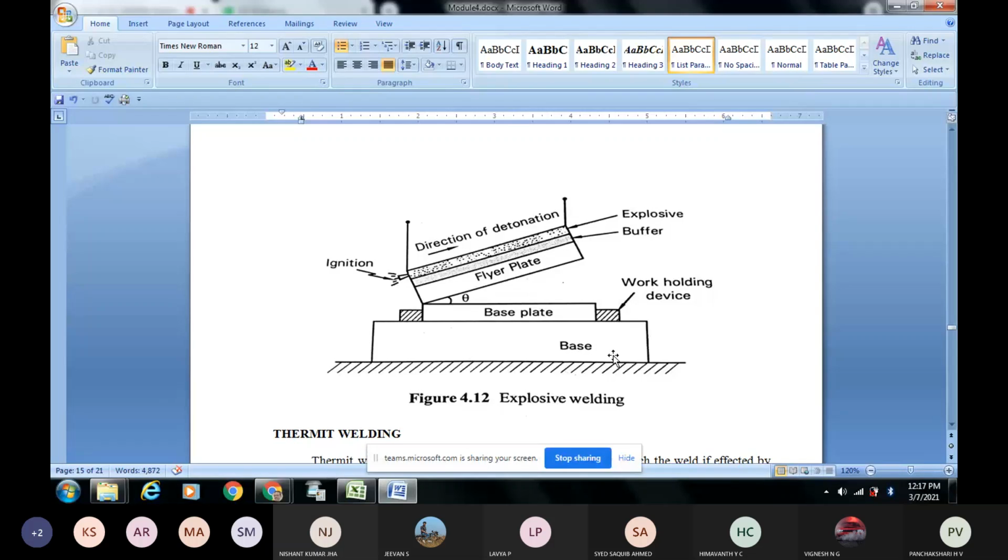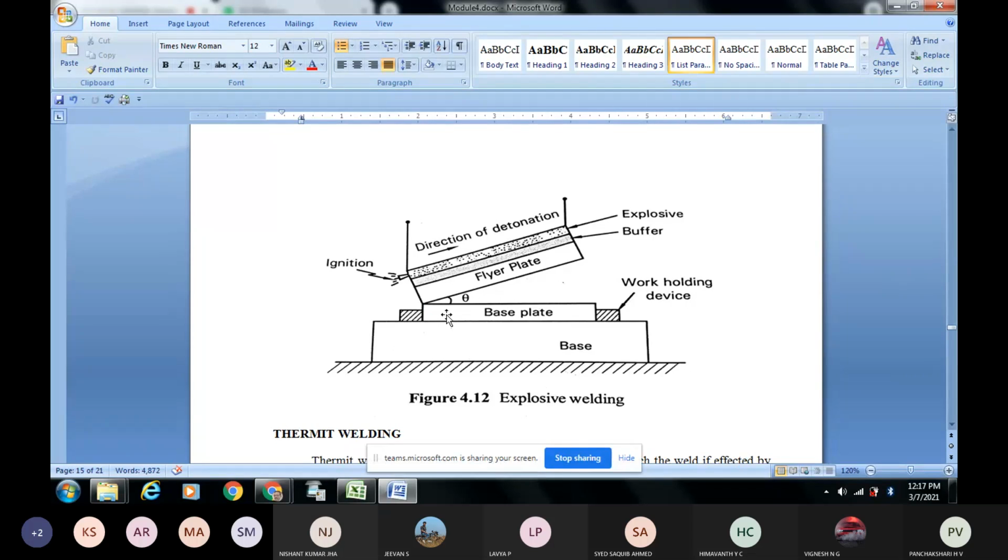Normally, where is it applied? For example, the base plate is a corrosive material, and outside it a costly material is to be cladded. Cladding is just like taking an adhesive, a gluing type, so bonding.